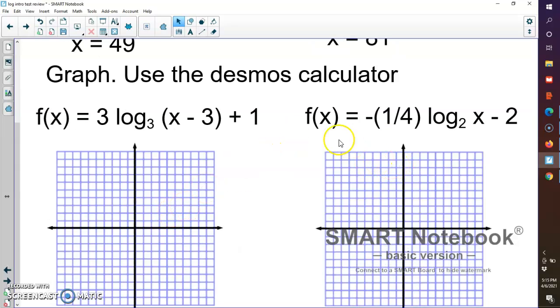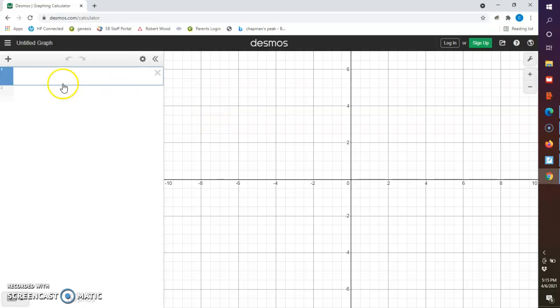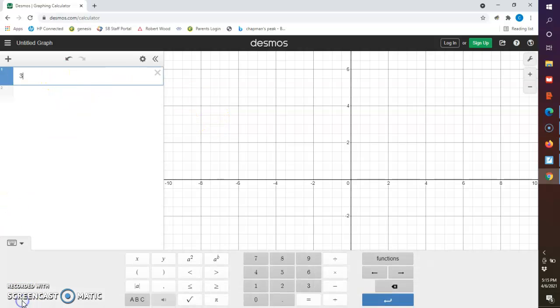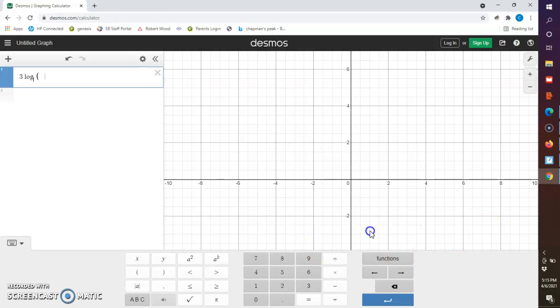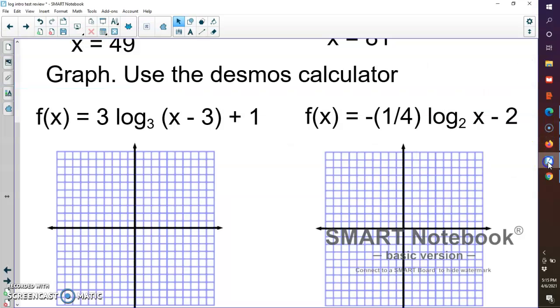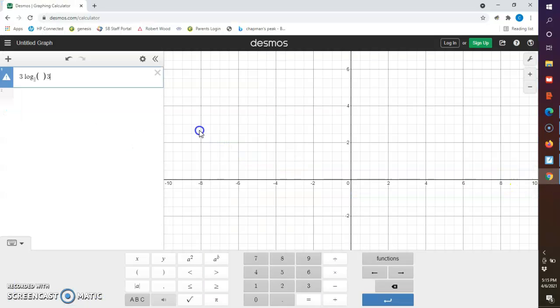Here, this is literally about just plugging it in. I'm just looking for you to plug it into the graphing calculator on Desmos. I would recommend using the Desmos calculator. Here we are going to have to use the type to show the keypad, because I want to use, under miscellaneous, this log with an A. Okay, and it's 3 log base 3 of x minus 3, plus 1.